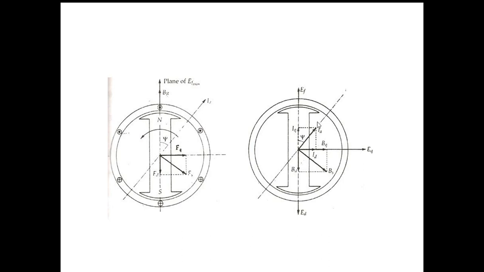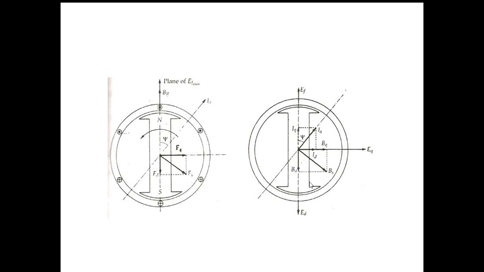So if you come to the second diagram, we can see that this is your EF, this is your IA. Now 90 degrees lagging from your IA is your BS, which is nothing but the magnetic flux produced in your magnetic system, that is your stator.